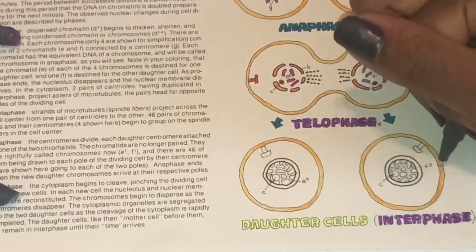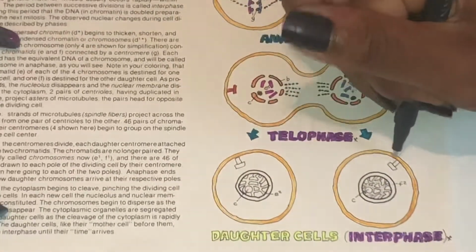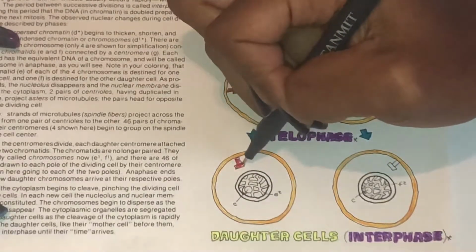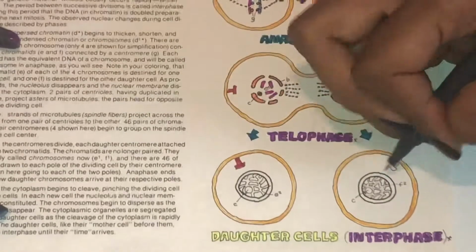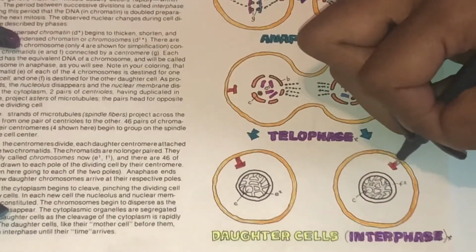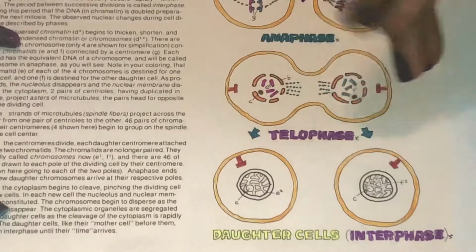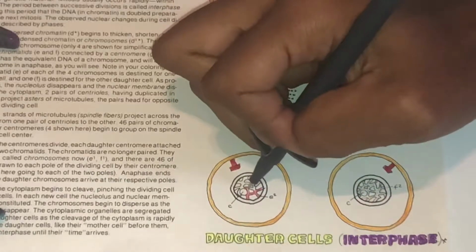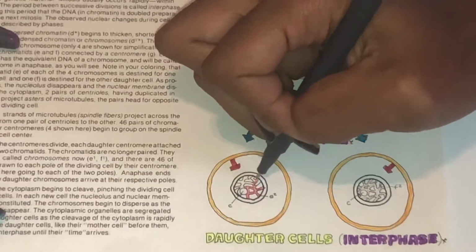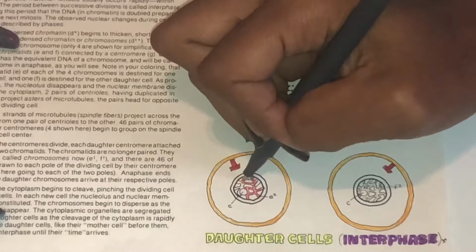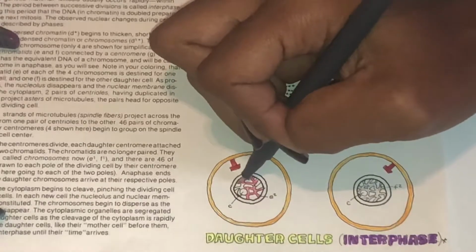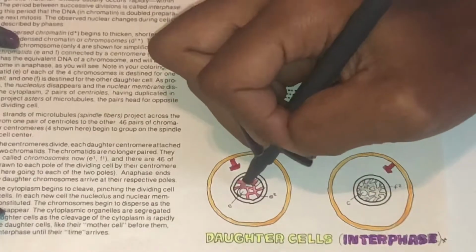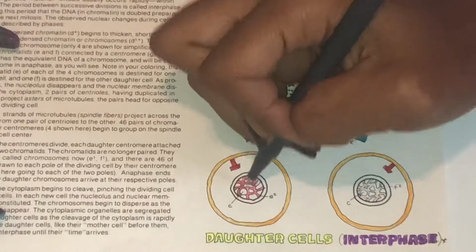So I'll go ahead and color this cell membrane pretty yellow. And the centrioles, it's always been a centriole. And now the chromosomes are now chromatin, E2 chromatin. So it went from chromatids to chromosomes to chromatin.